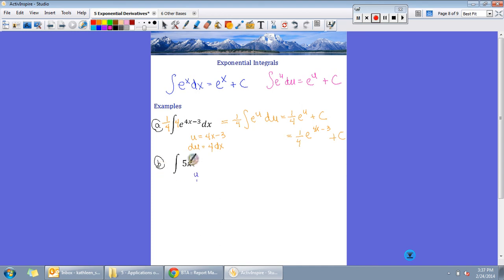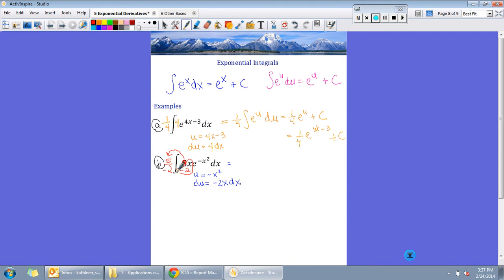For our next example, we're going to look at 5x e to the negative x squared dx, and your entire exponent is your u. The du is the entire derivative of the u. But this one's more tricky because you have this 5, and you're going to need to pull that out and replace it with a -2. So we're going to have 5 over here, and then it needs to be over -2.